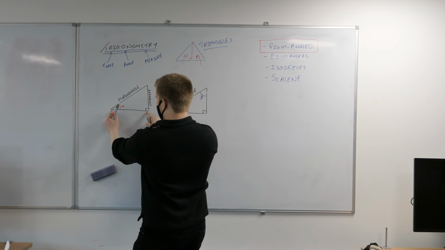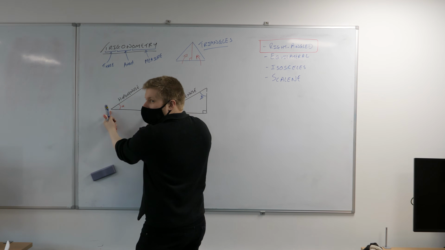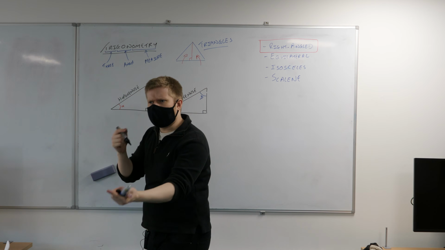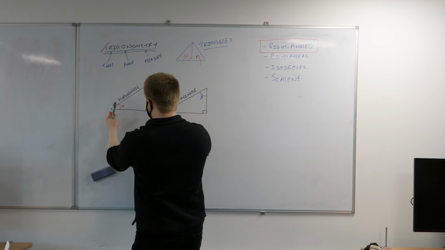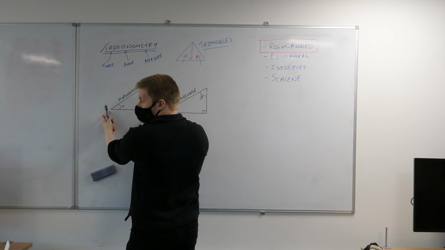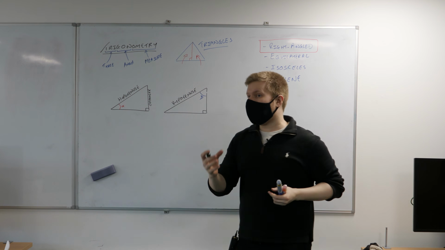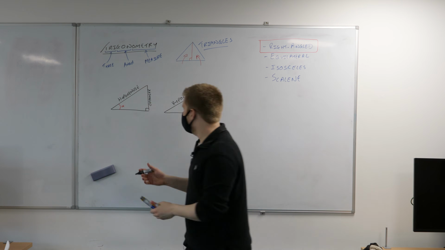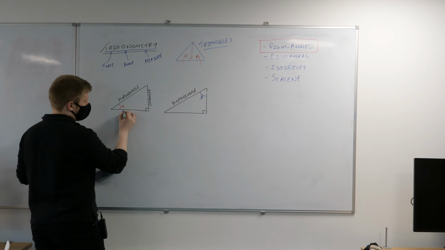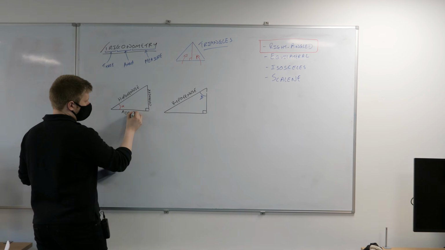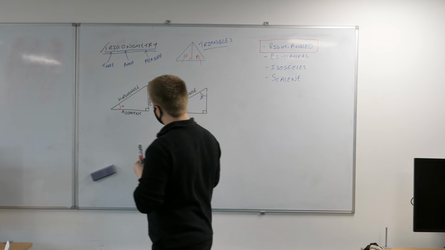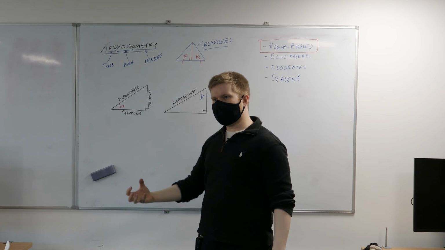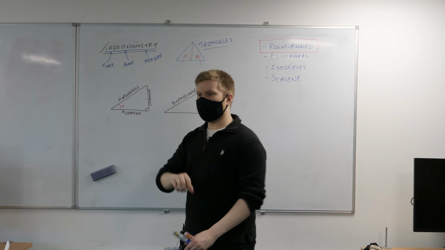Because this side is next to the angle we're looking at, obviously the hypotenuse is next to it as well, but we've already got a name for that, it's the longest side. So because this side is next to the angle we're interested in, we call it adjacent. Adjacent just means next to.